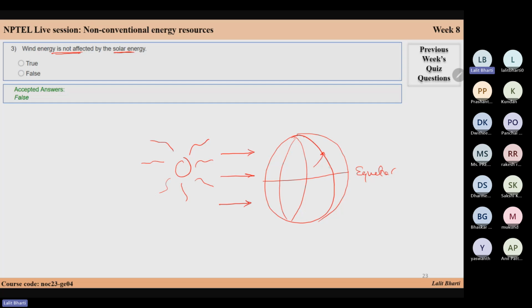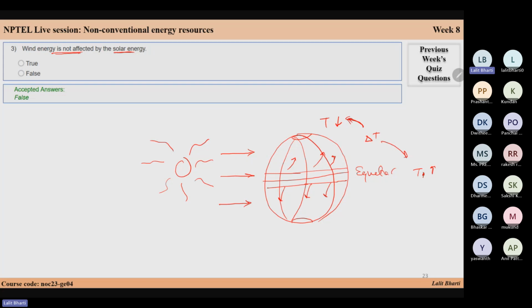Due to the rotation of the earth, the centrifugal force, and the higher temperatures at this region, the equator will have a higher temperature, whereas at the poles the temperature will be lower. So you will see a temperature gradient delta T between here and there, and due to this delta T there will be a flow of winds. A large wind current will be generated, and the direction will be according to the rotation of the earth.